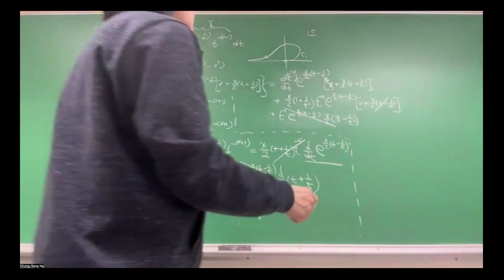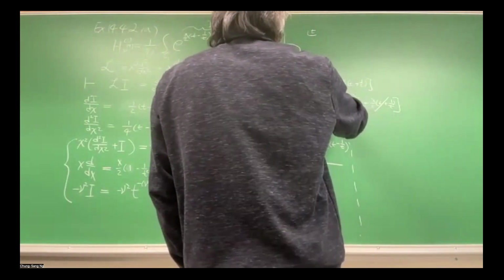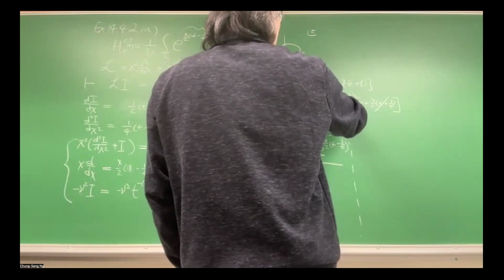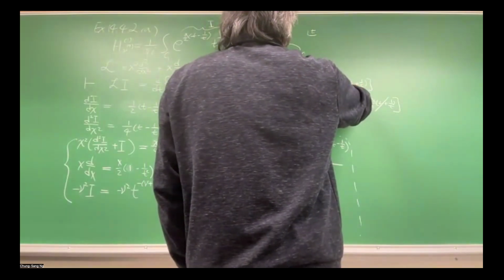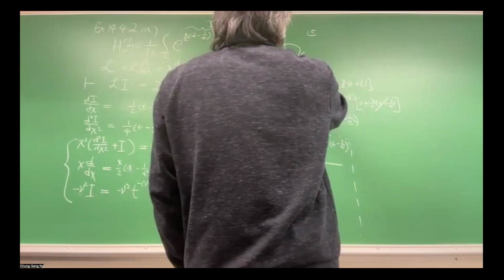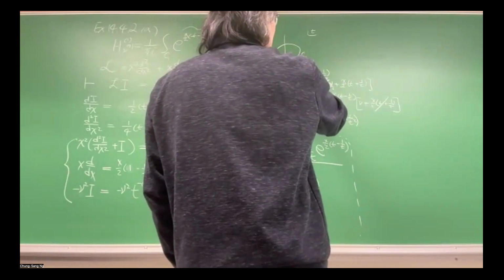Whatever is left is these two, this one and that one. So let's see whether these two cancel, because that one has a t to the minus nu. I need to work that derivative out.